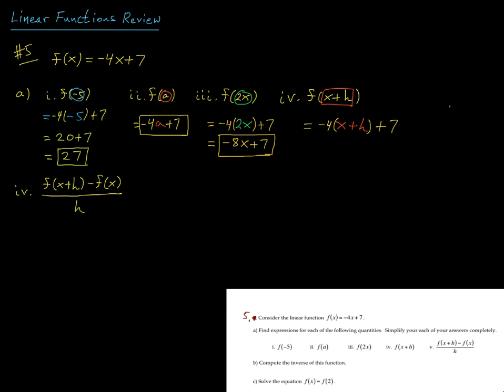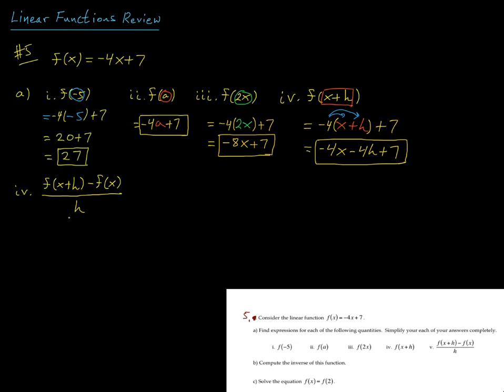So we'll get this, and here I will go ahead and open up parentheses. So this is going to give us minus 4x minus 4h and then plus 7.